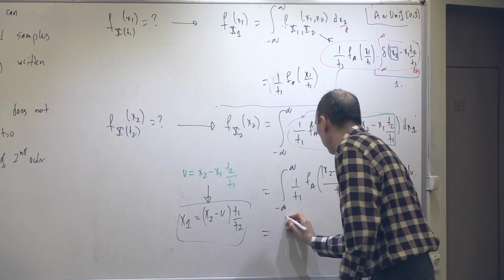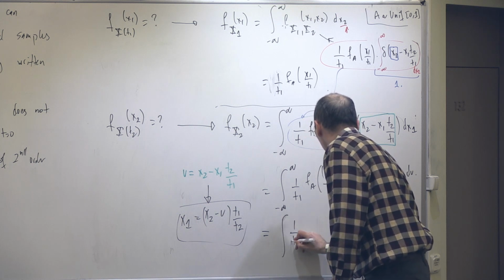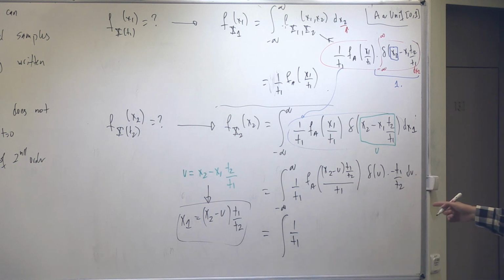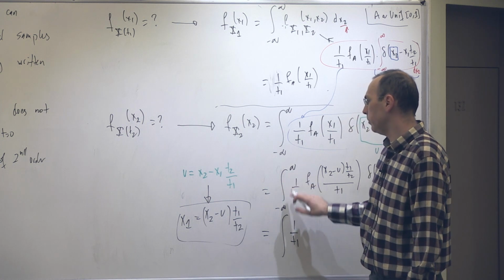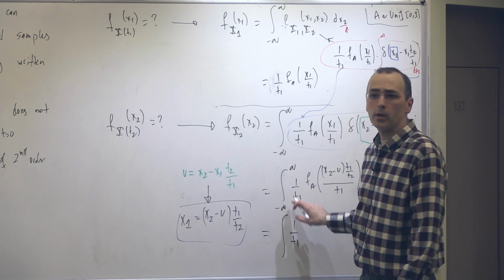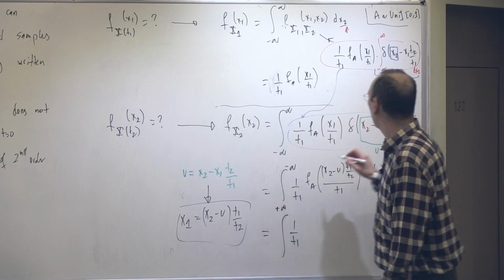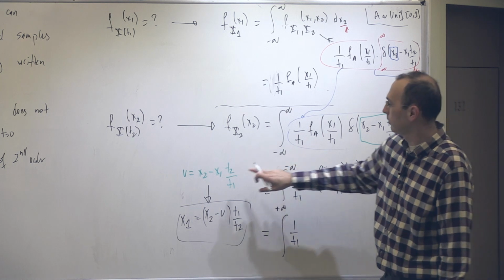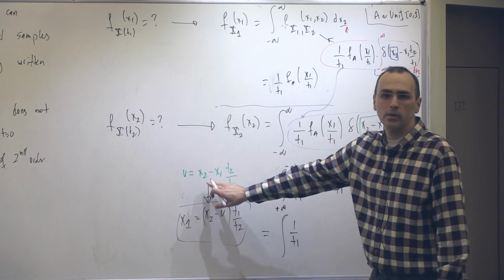So if I have this change of variables, now u is equal to this integrand. How about the integral limits? You should be careful. Yes, these should be interchanged, because when x1 is equal to minus infinity, what's the value of u? Plus infinity. When x1 is equal to plus infinity, I think you get the idea.